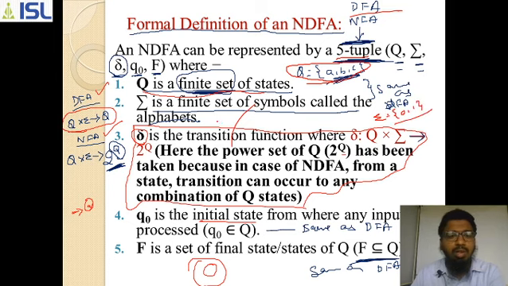Delta, and the main important thing here is Q cross sigma maps to 2 to the power of Q, the power set of Q. This is taken because in case of NDFA, from a state the transition can occur to any combination of Q states. Q0 is the initial state, F is the final state.